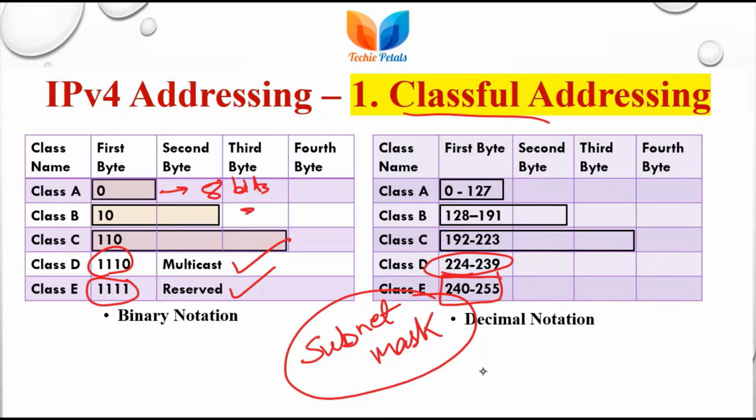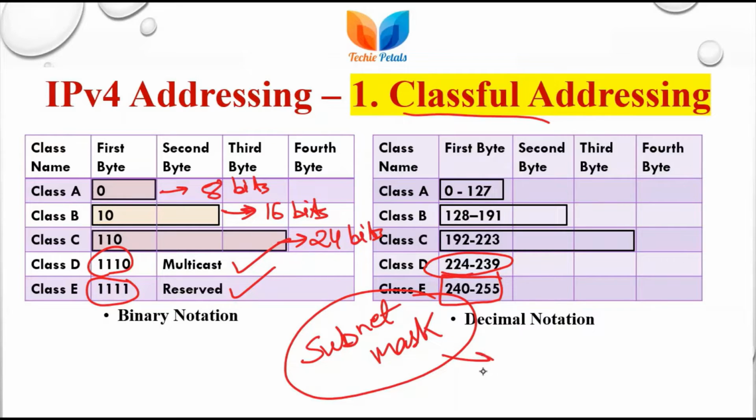Similarly, for class B we have a network ID length of 16 bits. For class C, the length of the network ID is 24 bits. So the subnet mask defines the length of the network ID that is used along with the IP address, meaning how many bits are used to represent the network ID.